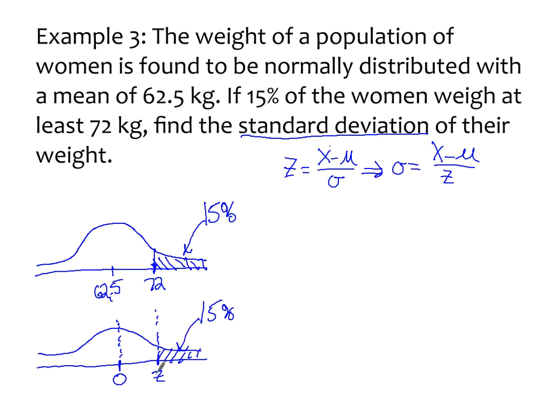Well, now, if z is an x value in the standard normal, and I have a way of finding an x value in the standard normal, it's my inverse norm function. So what I want to do is inverse norm. Remember, for the inverse norm, we talk about an area first, so 0.15. And the mean is 0, and the standard deviation is 1.